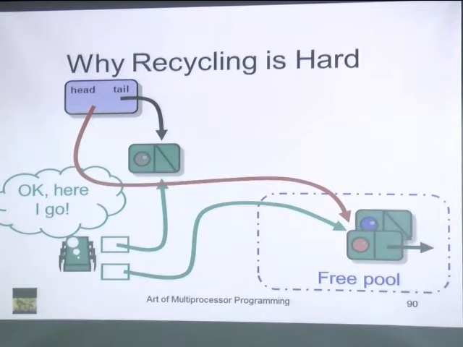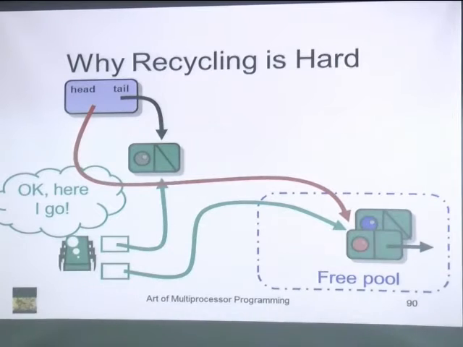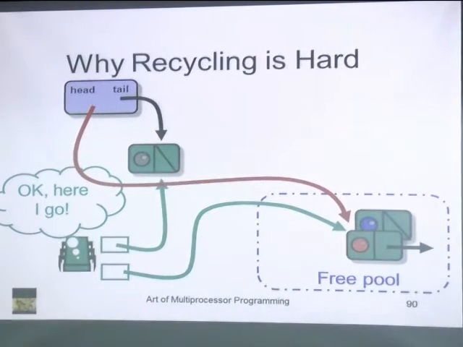The physical location is the same as what it expected, but the contents have changed unexpectedly. And so now the queue is a complete mess because the head points into the free pool and so on. So this ecologically responsible green idea, which seemed so virtuous, turned out, like so many ideas of the kind, to lead only to more trouble.